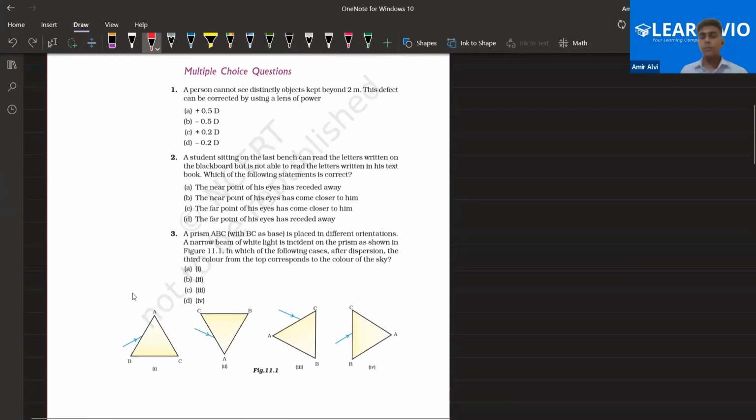I'm giving you 2 minutes to answer these questions. 1, 2, and 3. Zainab, Mariam, Junaid and Abdul, please let me know in the chat. Please answer in one message, like 1 is equal to A, 2 is equal to B, whatever you have as the answer.